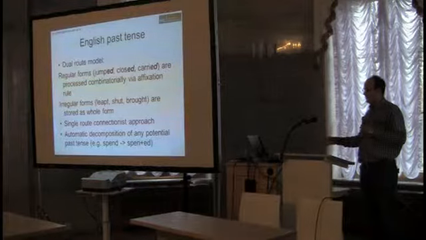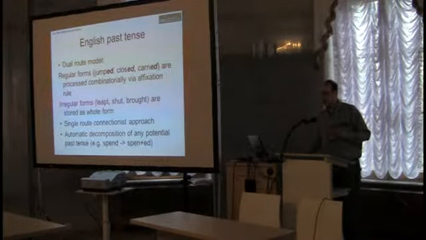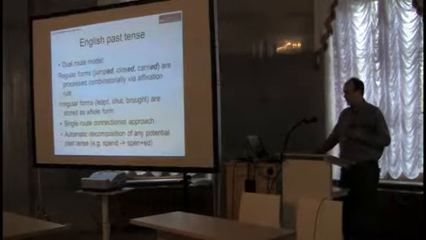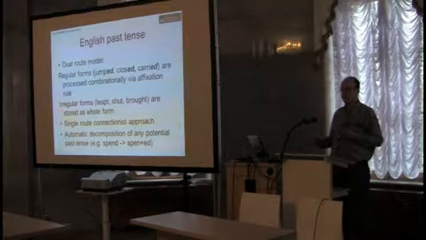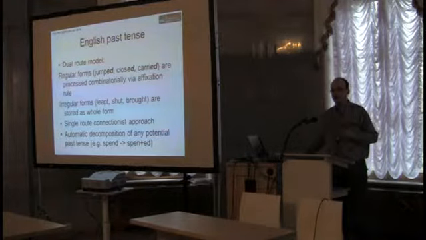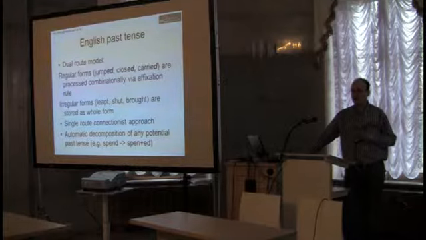But let's first get through the background. So again, there is a dual route approach to this. That is, you go through a combinatorial route for regular past forms such as jumped, closed, carried. But in English, you also have irregular past. You have leapt, shot, brought, things that don't have a clear affix in them.